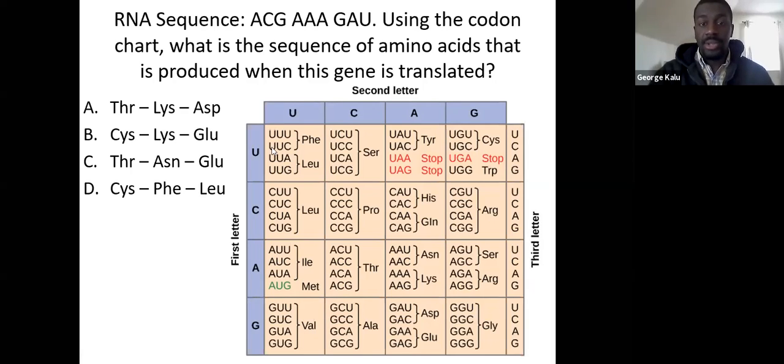So using our chart here, try to figure out what you think the amino acid sequence would be, using our RNA sequence and the corresponding amino acids. Let me know what you guys think the answer is. So this might take a little bit.